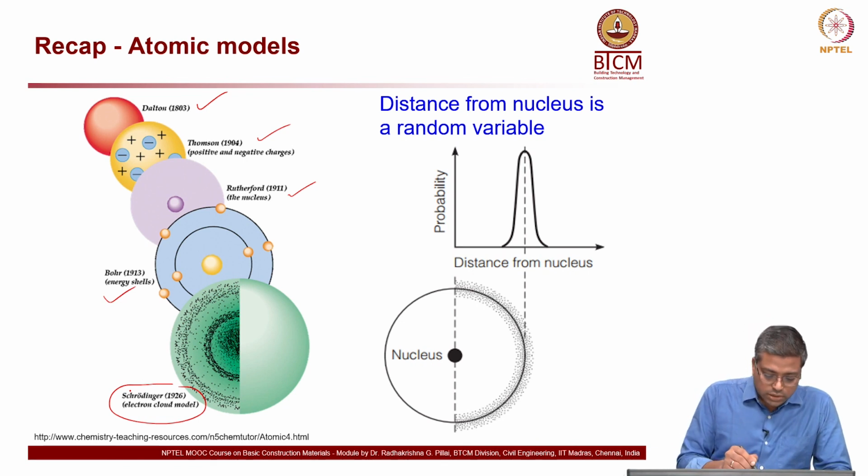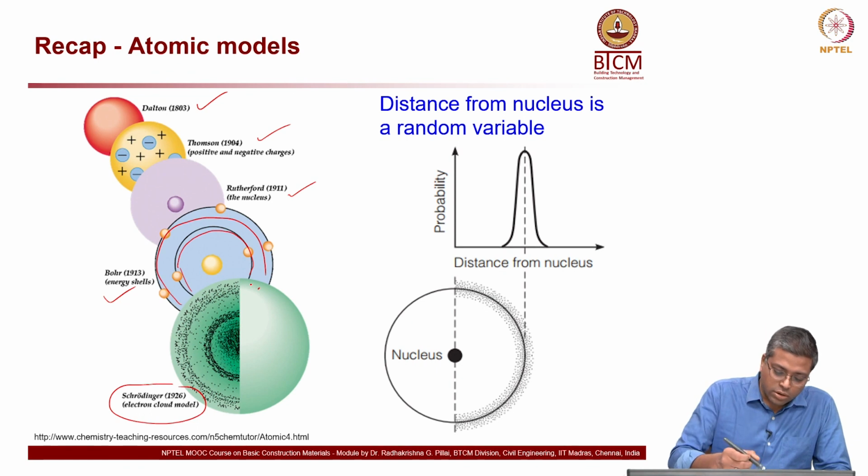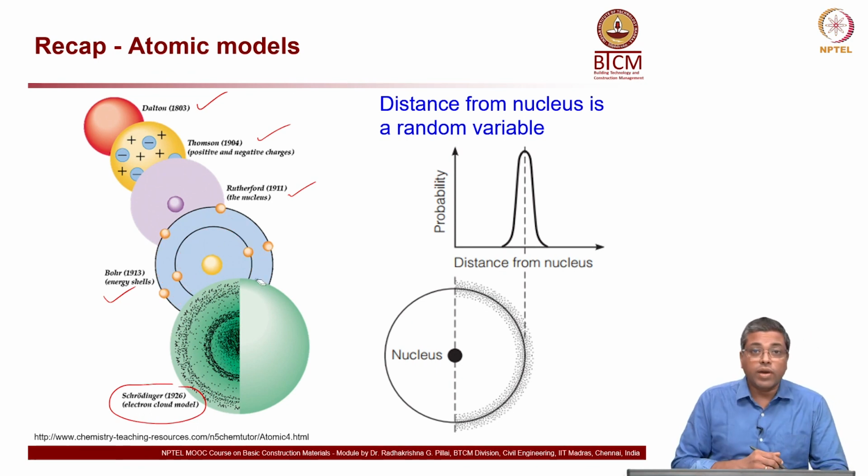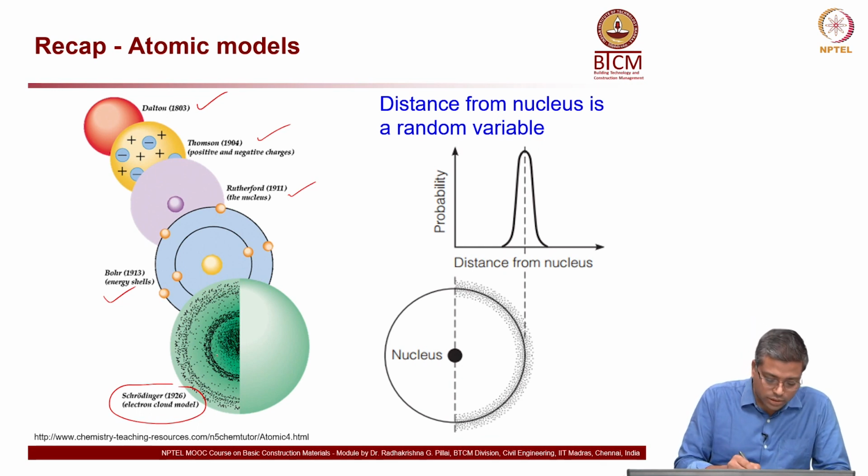In the Niels Bohr model, you can see well defined orbits. But later on, based on Schrodinger's model, it is not a well defined orbit, but rather a cloud of electrons. So, the electron could be anywhere in this region.